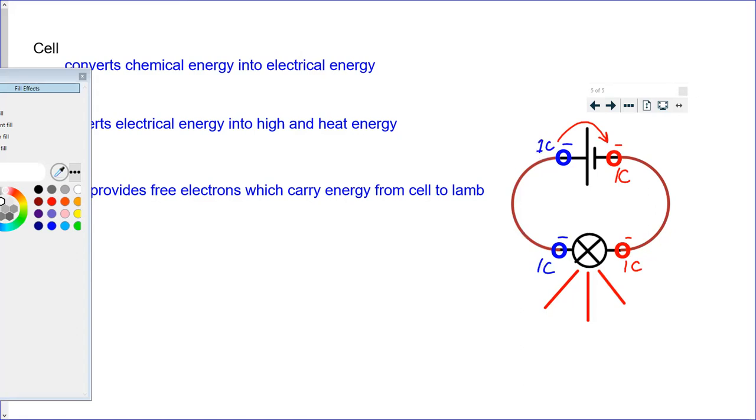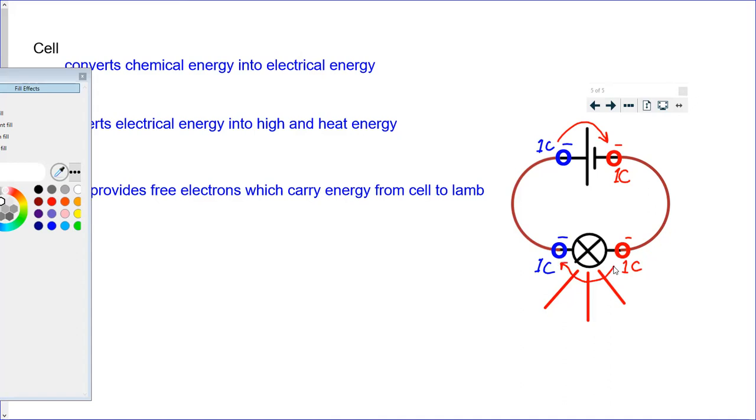So 1 coulomb is not a single electron, it's a bunch of electrons, a lot of electrons, which we will practice sometime later. This circle contains a lot of electrons, which makes 1 coulomb. So there is energy transfer taking place at the cell, and energy transfer taking place at the lamp.